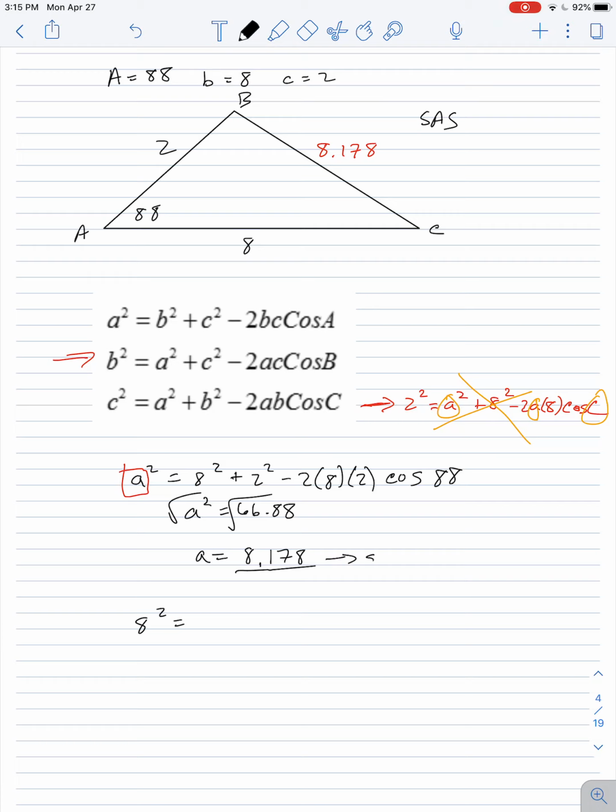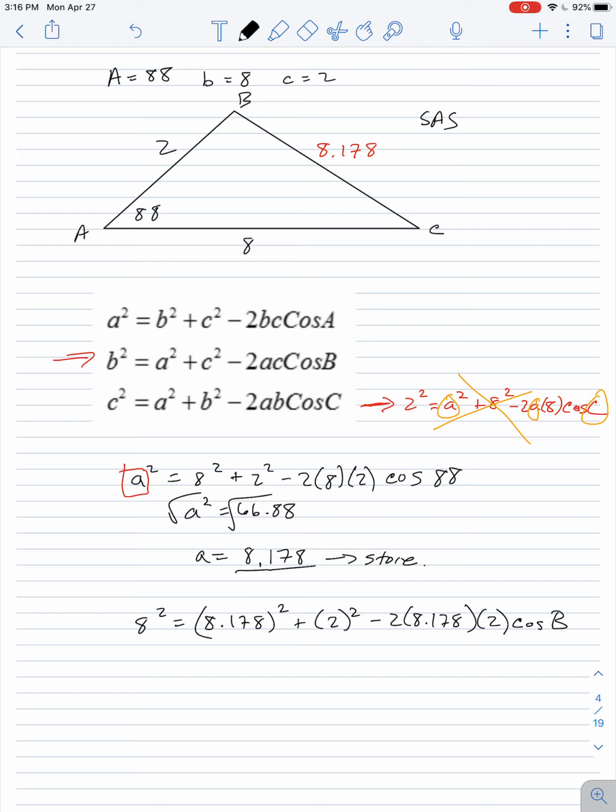I'm storing this in my calculator as a in my class calc or as x in my TI, so that I can use that instead of this rounded number. Otherwise you're going to have a lot of error. C squared is 2 squared, minus 2 a c times the cosine of b.